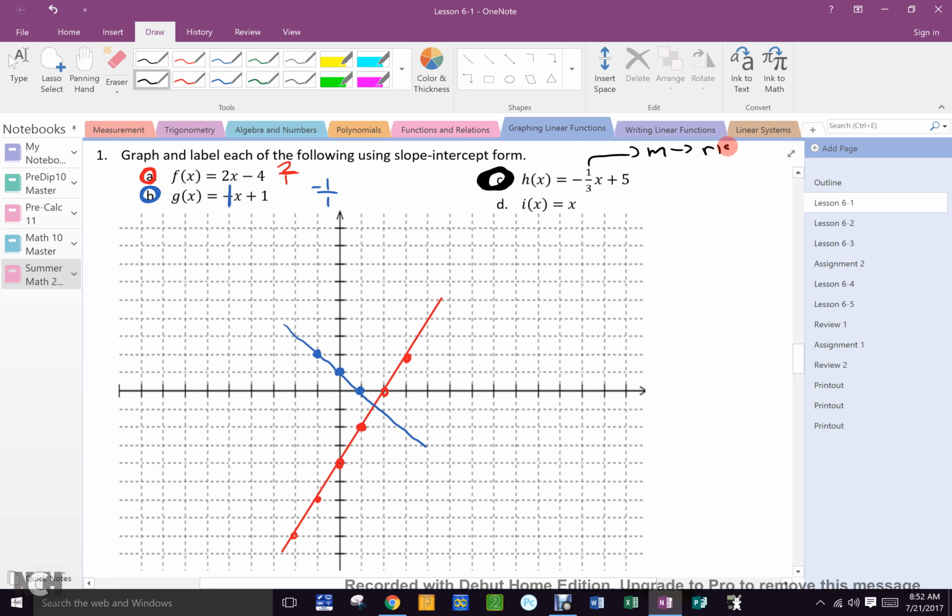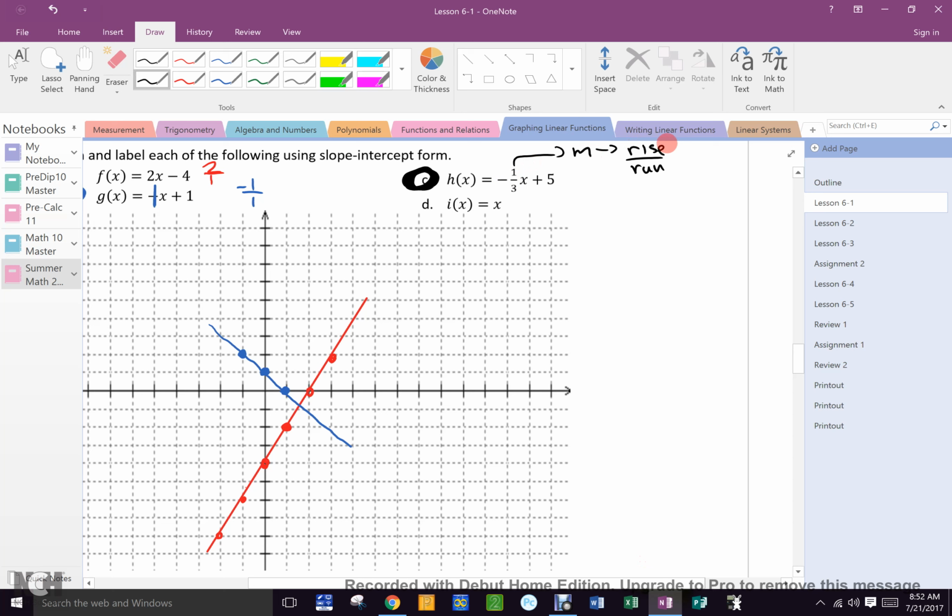And we know that since there's a negative there, one of those has to be negative. Does it matter which one? No. Negative 1 over 3 or 1 over negative 3. Where do I start my graph? At positive 5 on which axis, Amy? On the y-axis. 1, 2, 3, 4, 5.